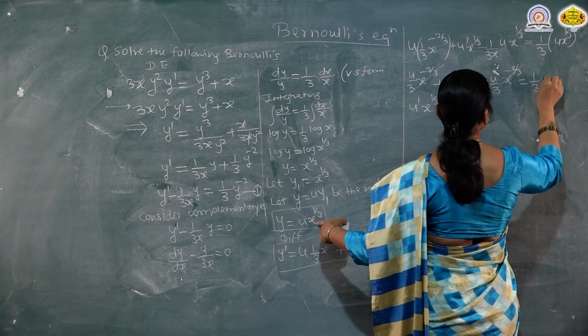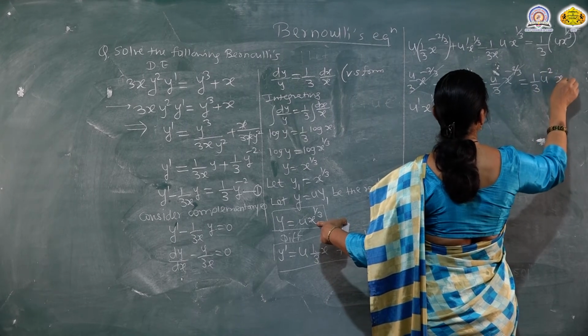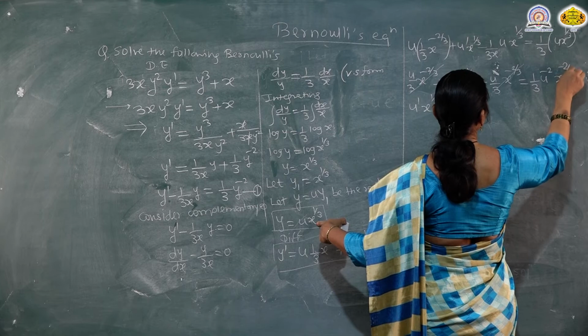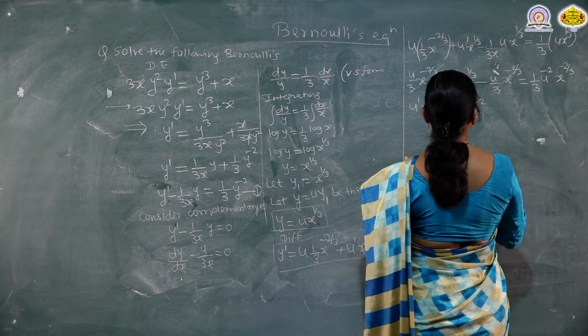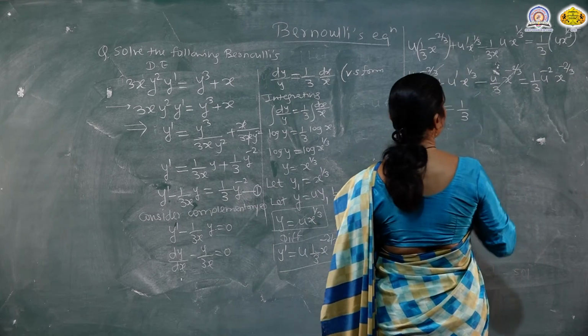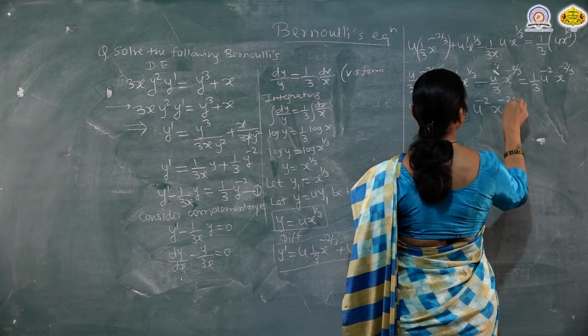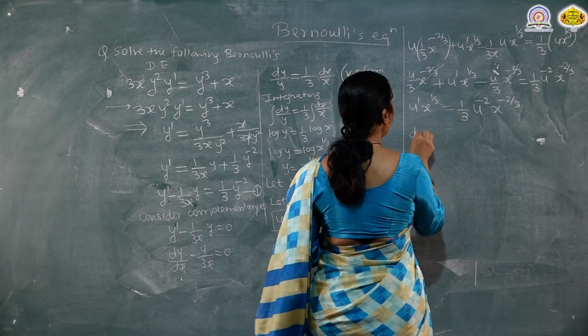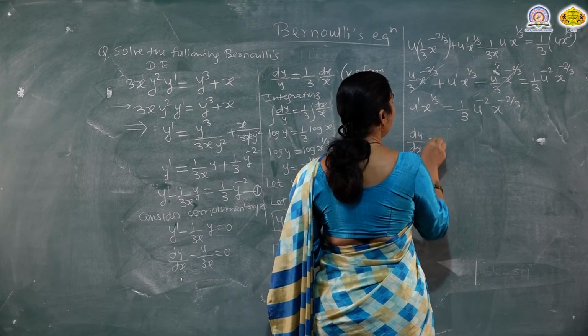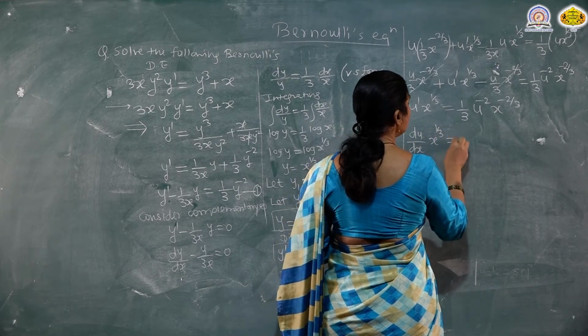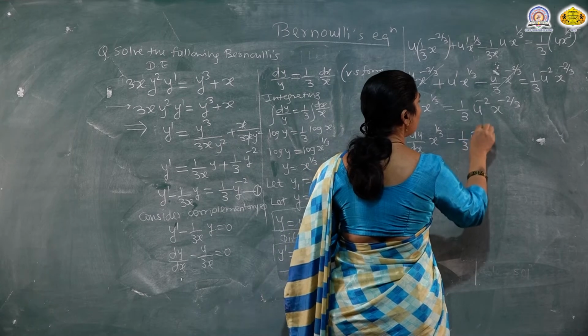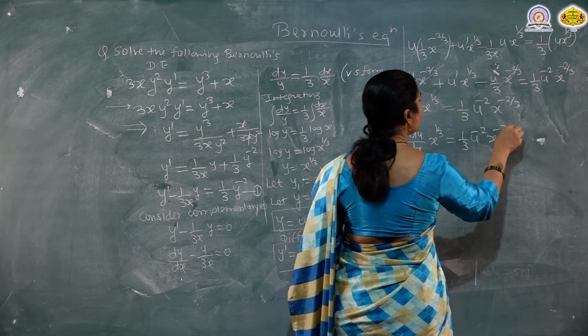So this becomes u raised to minus 2 x raised to minus 2 by 3. So this is nothing but u' x raised to 1 by 3 is equal to 1 by 3 u raised to minus 2 x raised to minus 2 by 3, or we have du by dx into x raised to 1 by 3 is equal to 1 by 3 u raised to minus 2 x raised to minus 2 by 3.